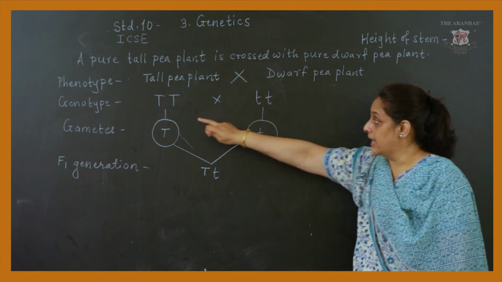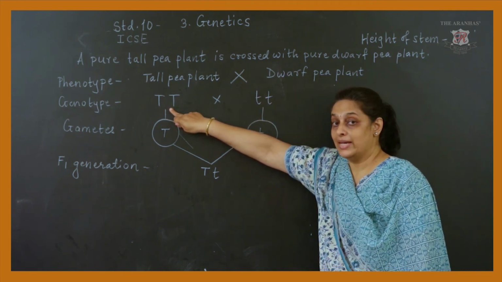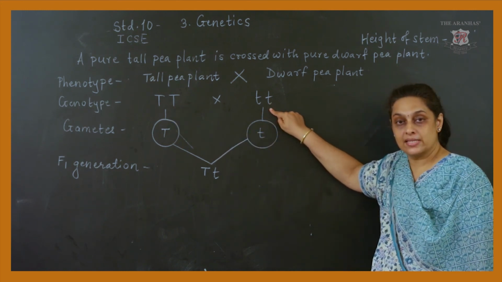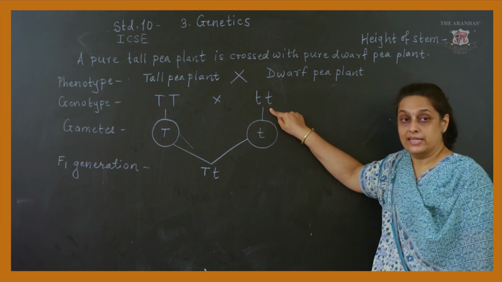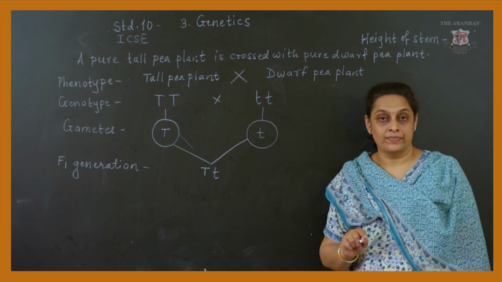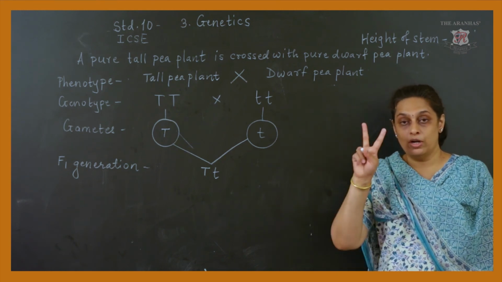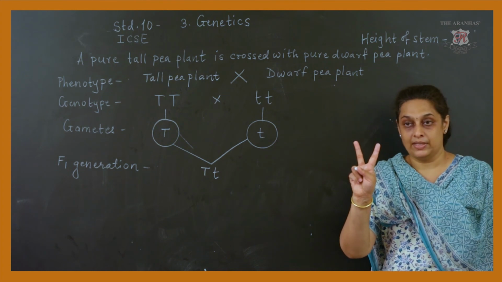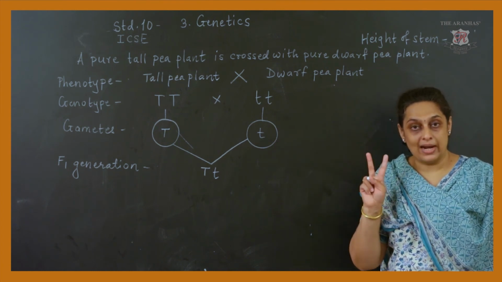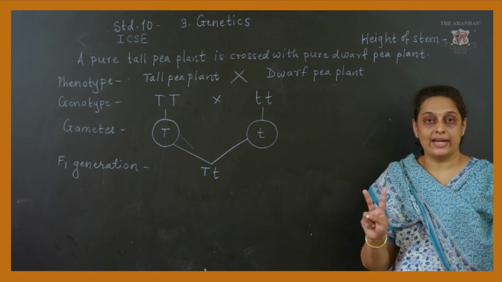Now, you will see that capital T is written twice, even small t is written twice. The reason is, in living organisms, every character is controlled by 2 genes. Okay, students, remember that in all higher plants and animals, there are 2 genes for each character.